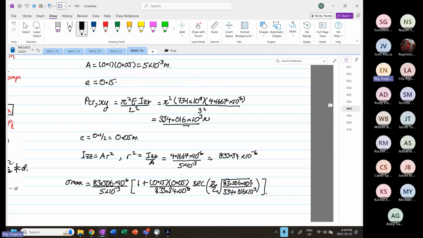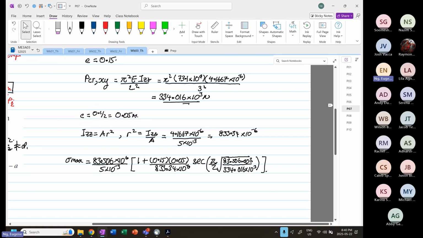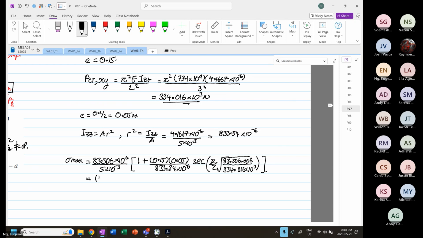Okay, so it's quite a handful to calculate from here already. But break it down. So what I tend to do is this. 83.506 power 3 divided by 5 power minus 3 is equal to 16.701 times 10 to the power 6.